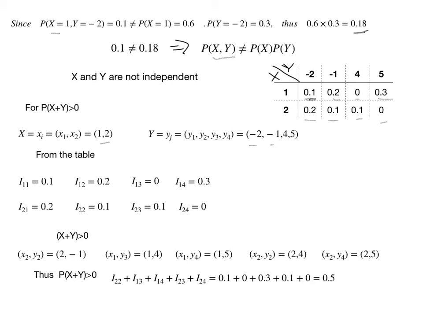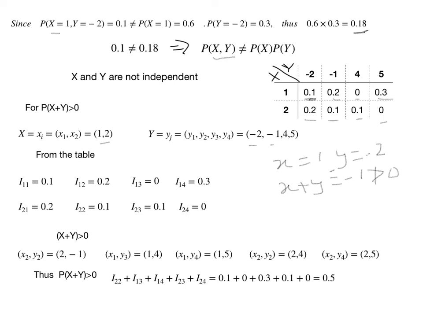From these values, if I take x as 1 and y is equal to minus 2, then x plus y will be equal to minus 1, which is not greater than 0.